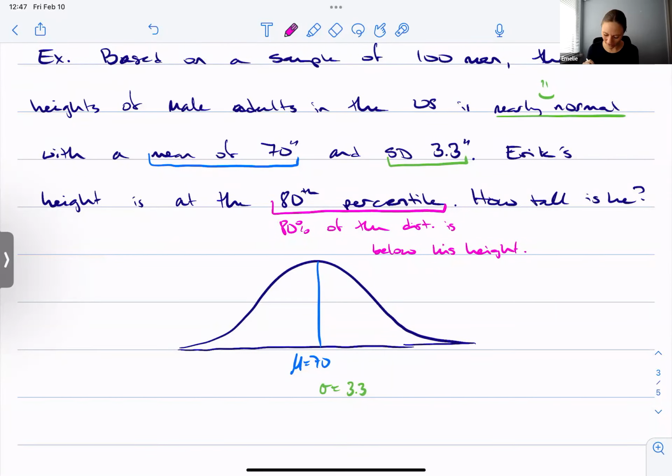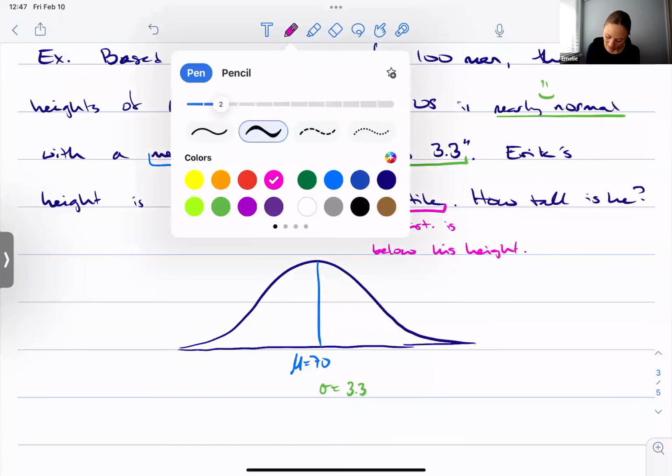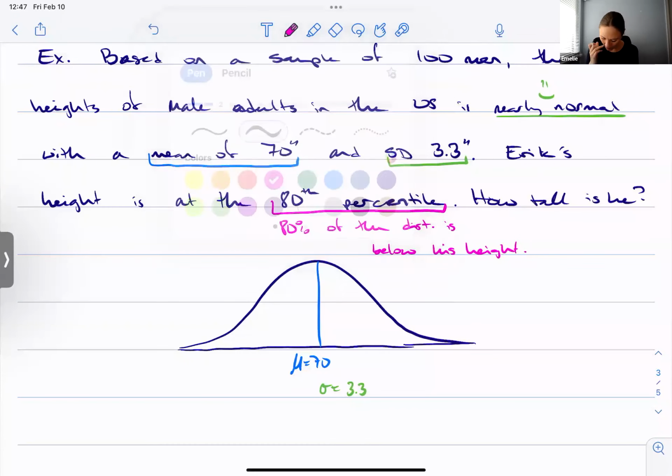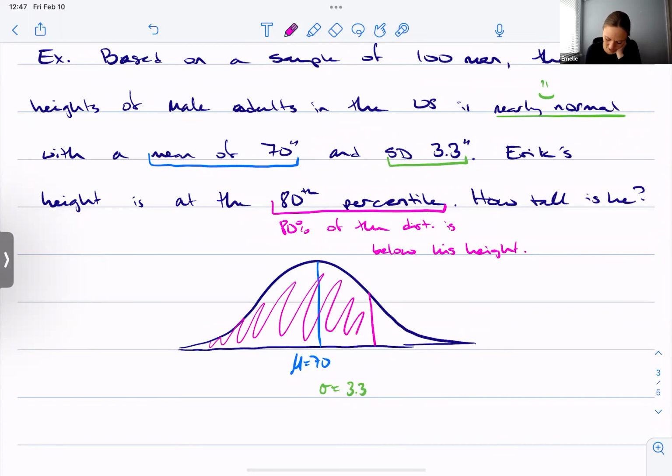But let's work it out. So the 80th percentile, first thing I'm going to say is, okay, I know it's above the mean. Why? Because it's more than 50%. Like I said, it doesn't really matter where you draw this, but you're going to force this area, now I will shade it, to be 0.80.